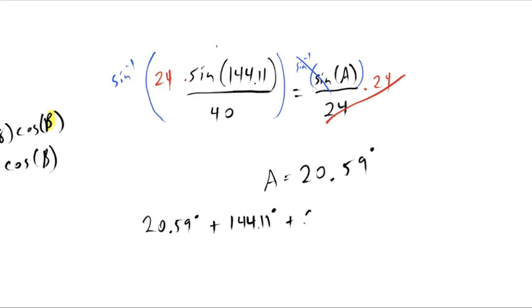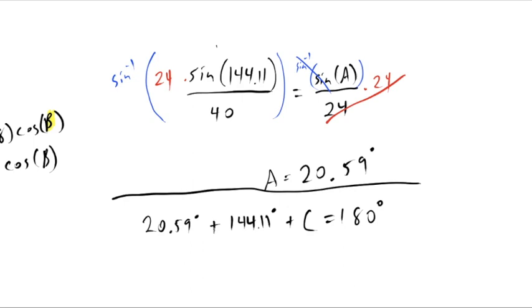I'm trying to find angle C, and altogether it needs to add up to 180 degrees. So I just need to add those things together, and then subtract. So we have 164.70 plus C equals 180. So subtract that on both sides, and I get that C equals 15.3.